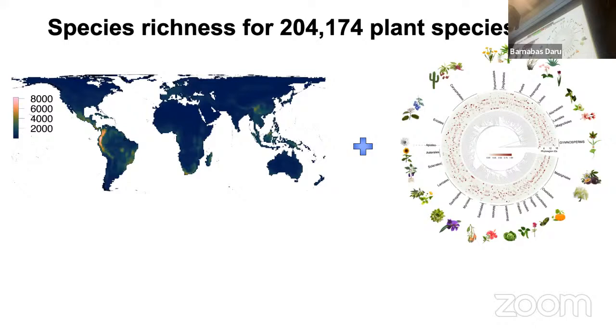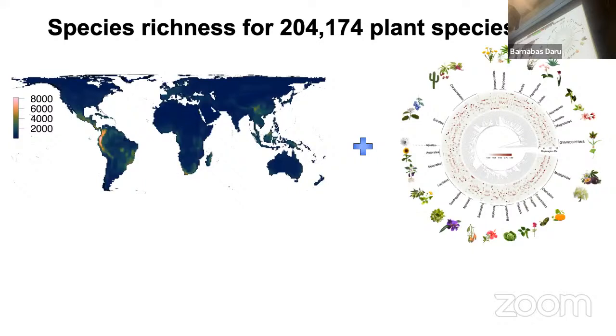And so this is just a map that shows the species richness across 100 by 100 kilometer grid cells, where areas in red correspond to high richness and blue low richness. And it matches the expected knowledge of plant distributions across the globe. And on the right there is the recent phylogenetic tree of vascular plants across the globe.